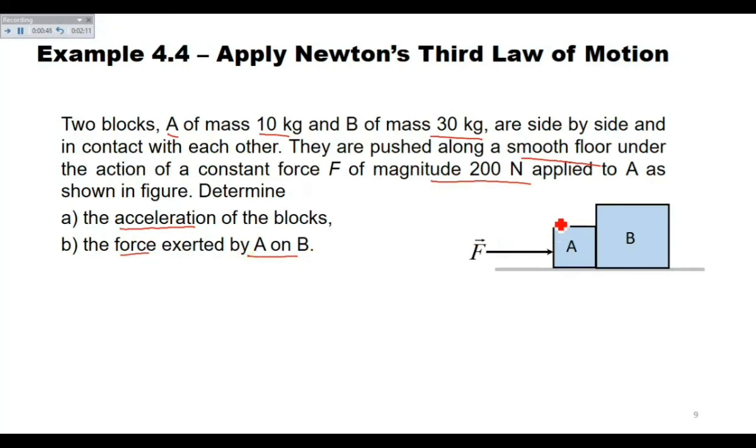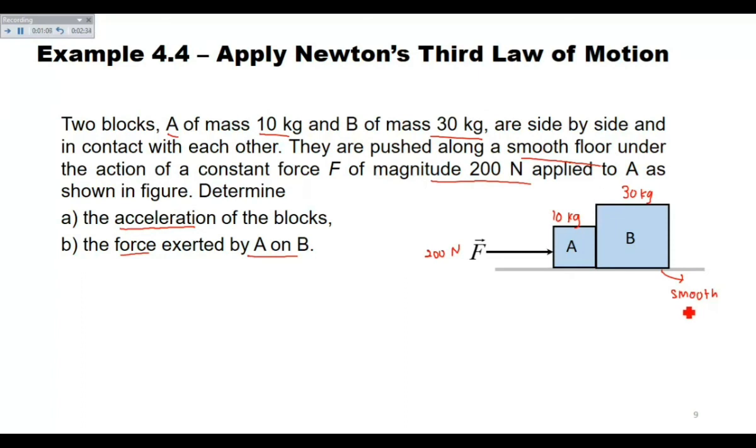Alright, so info yang diberi, mass untuk A is 10 kg and B is 30 kg. Constant force is 200 Newton and also the floor is smooth. Okay, so smooth floor maksudnya smooth surface, kiranya tak ada frictional force.